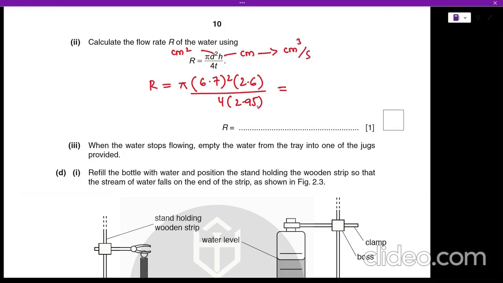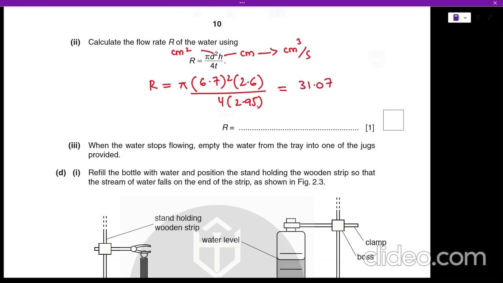So let's calculate this. This comes out to be 31.07.